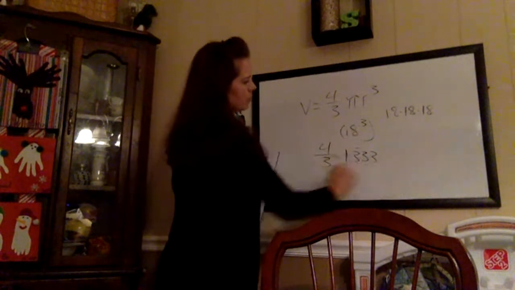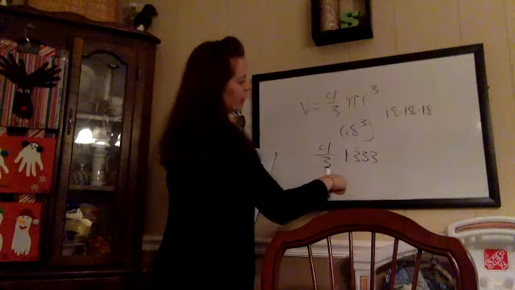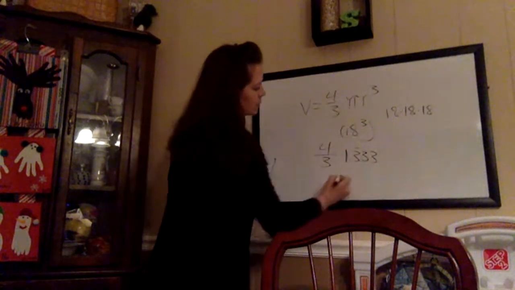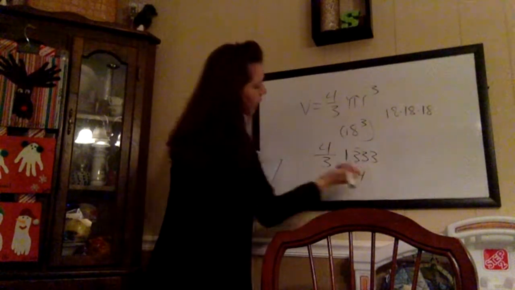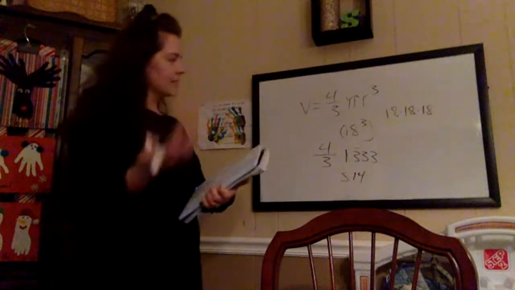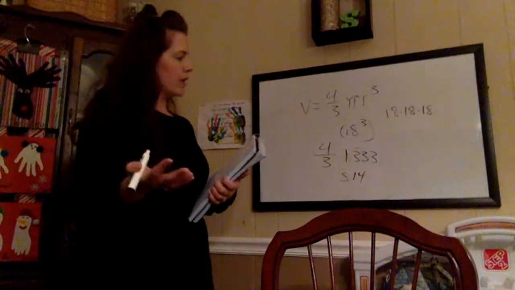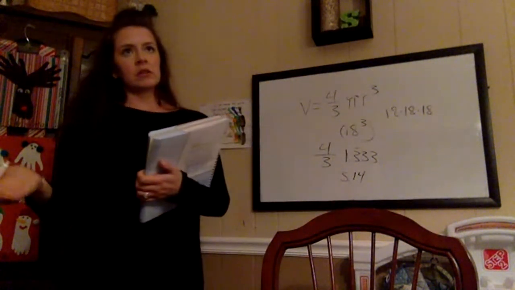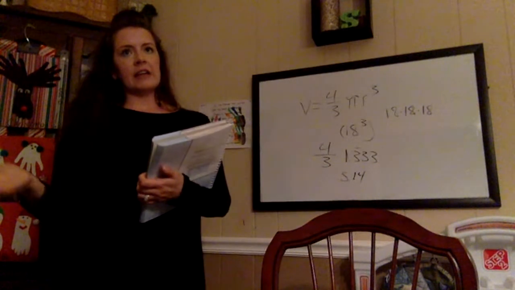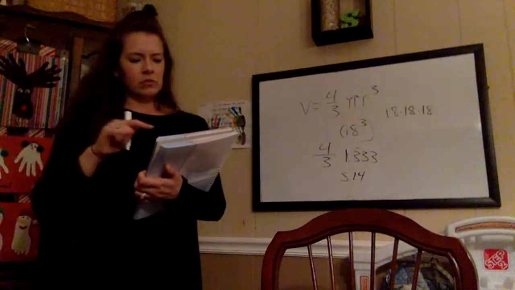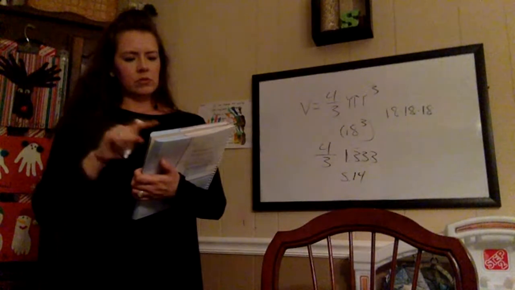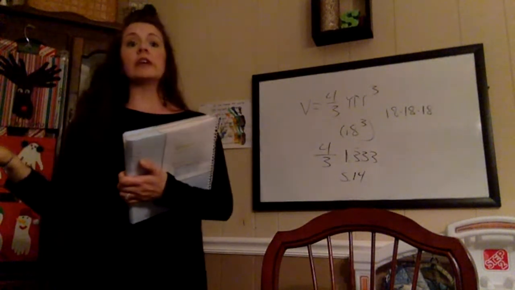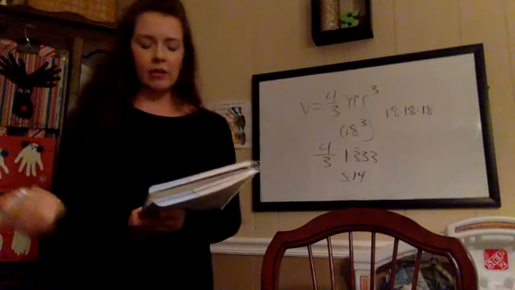Then, once you've multiplied that, you multiply times pi, which is 3.14. And it ends up being 24,492. Sorry, I had it a little bit backwards.